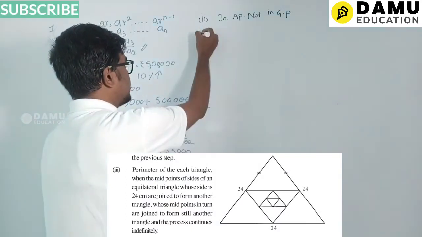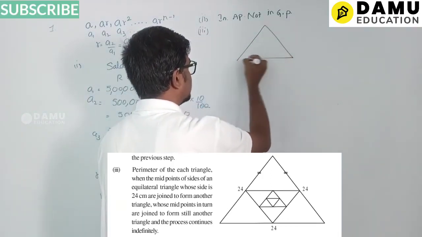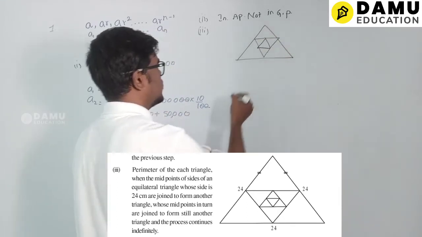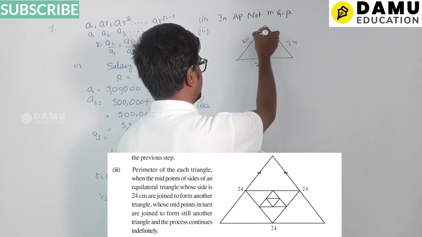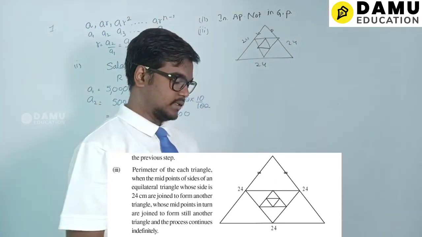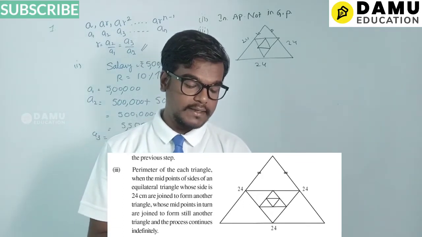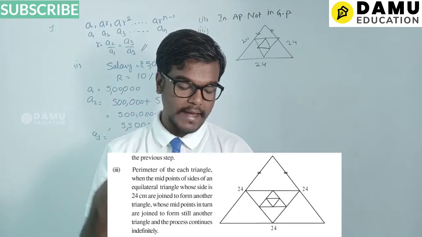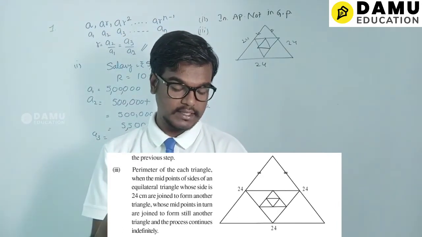Now what is the third one? Here they have given a triangle like this. What they are asking here is: 24, 24, 24. These are the successive perimeters of each triangle when the midpoints of the sides of an equilateral triangle whose sides are 24 centimeters are joined to form another triangle, whose midpoints in turn are joined to form still another triangle.